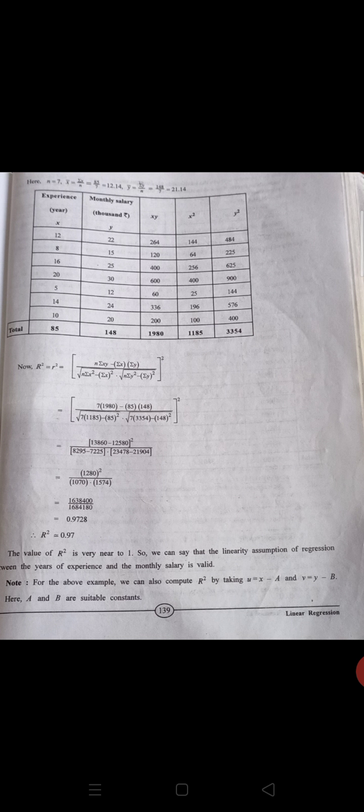Now for the denominator we have to cancel the square and square root.